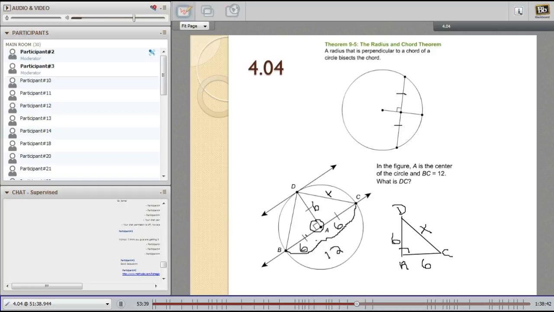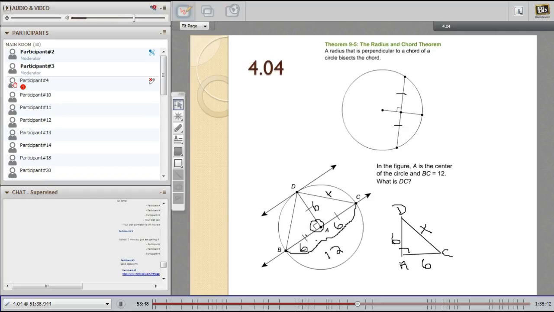Anyone want to do this on the board? Any volunteers for this one? Okay, Jamie. So doing the Pythagorean theorem. Oh, I think I just took your whiteboard away.